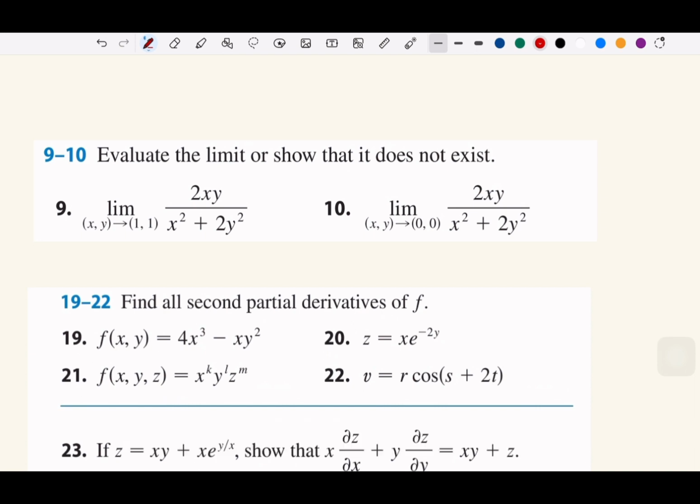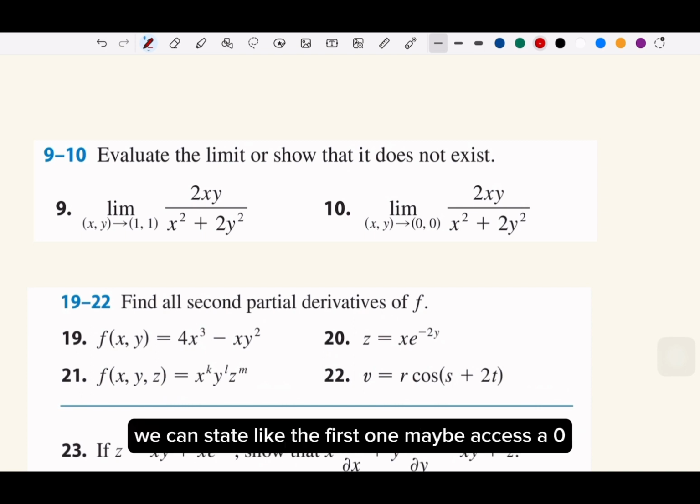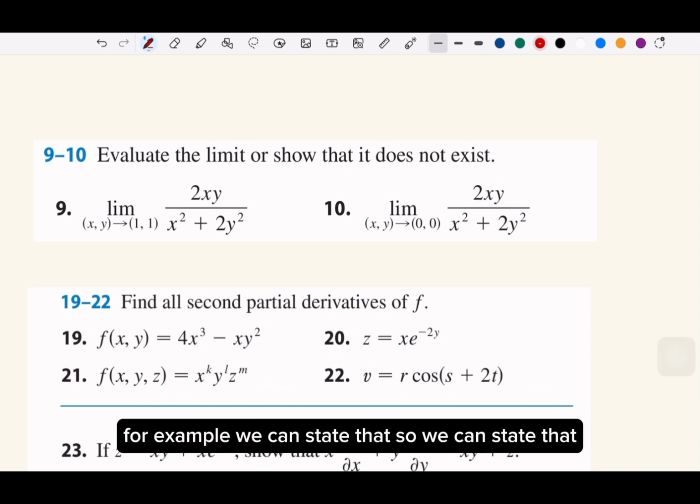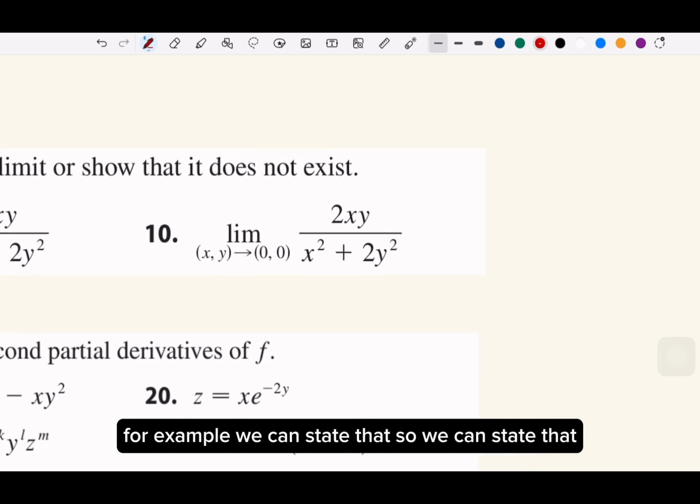For example, we can state the first one, maybe x is 0, and then we can have another one that is a fixed constant.